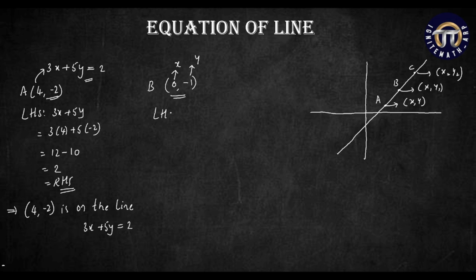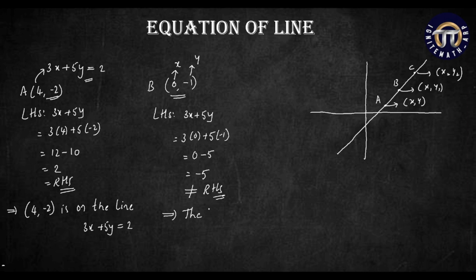So again I will take LHS of the equation, that is 3x plus 5y. 3 into 0 plus 5 into minus 1. 0 minus 5 I get. So when I simplify it, I get minus 5, which is not equal to RHS. So what's my conclusion, children?